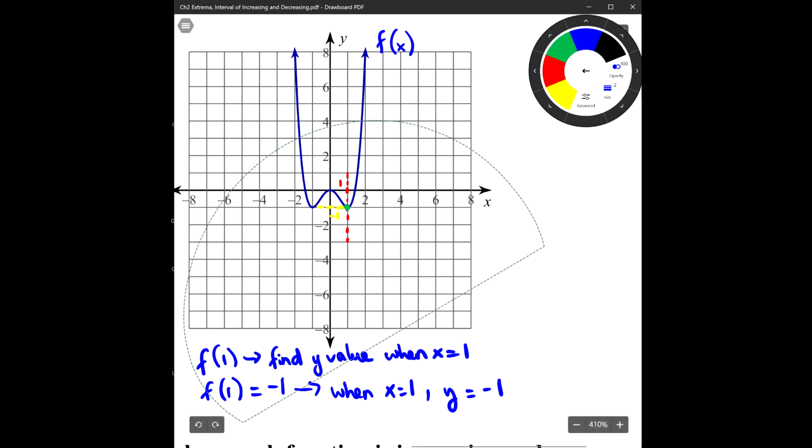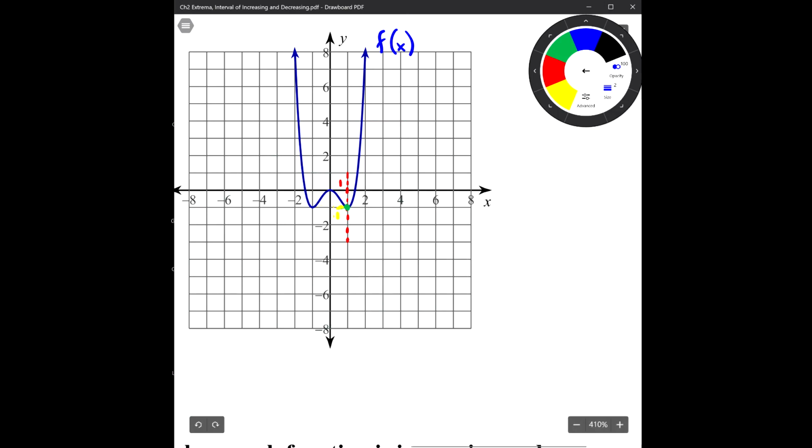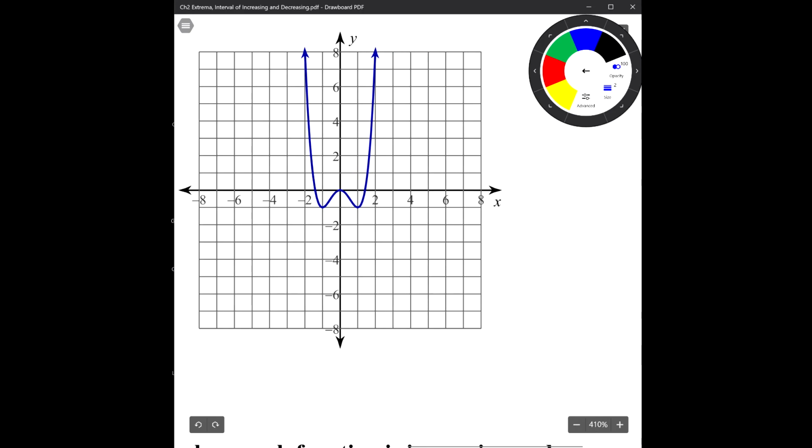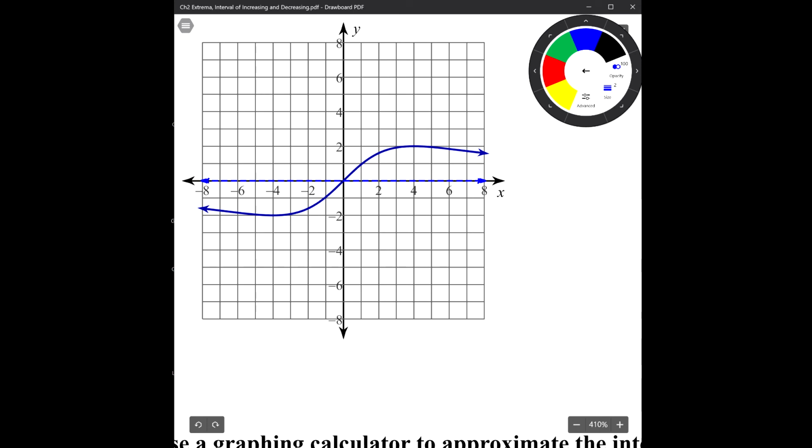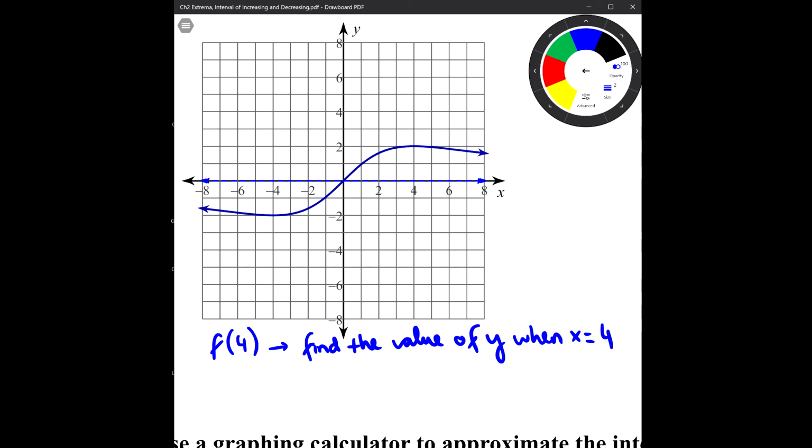Okay, let's try another graph. You can have these right here. So let's try to find out f of 4. If you still remember, f of 4 means find the value of y when x equals 4. So now on the x-axis, I'm looking for 4. 4 is right here.